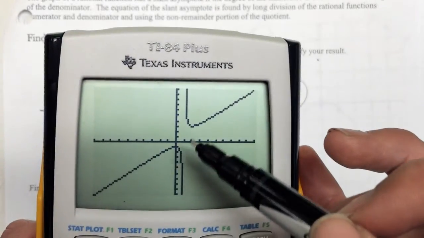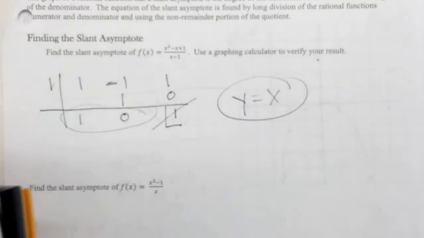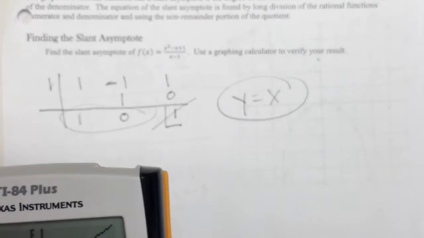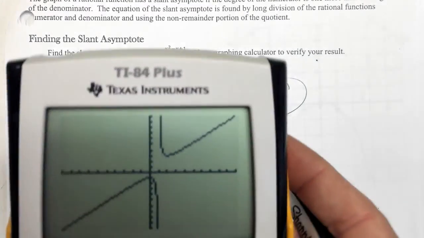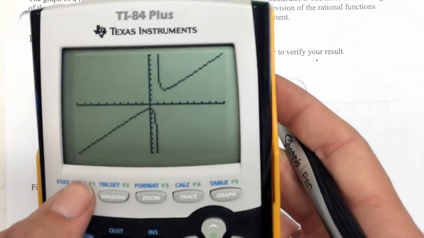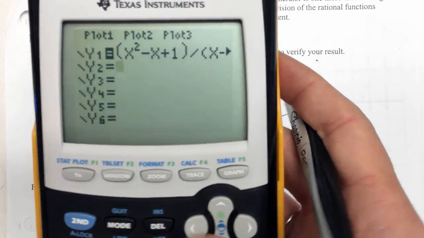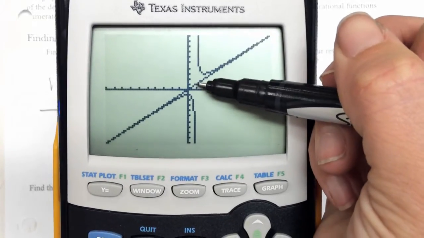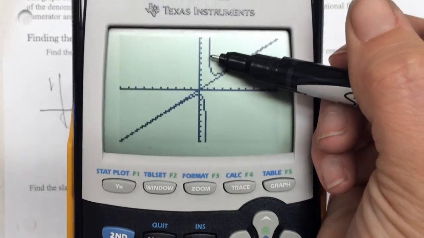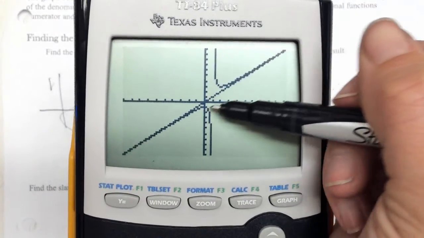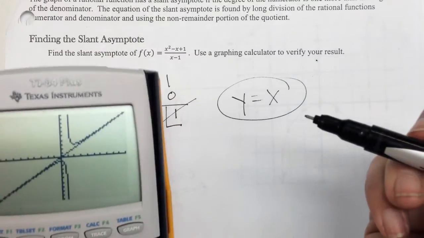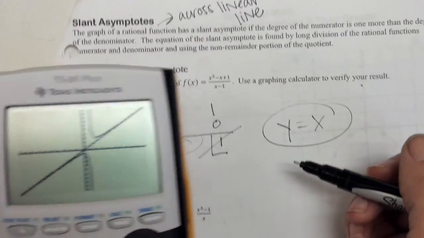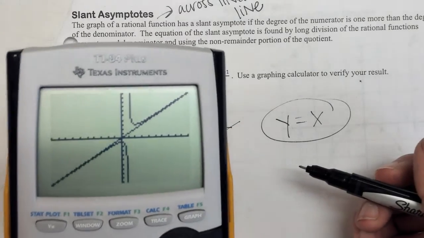You're asking why does it skip values right here? Oh, because it goes across the orange. Yeah, because this is the line that, let me show you again. This is the asymptote, so this part it skips because it can't hit this line right here. Why not? Because it's the asymptote. Slanted asymptote. Okay, I'm sorry. I see now. My bad.